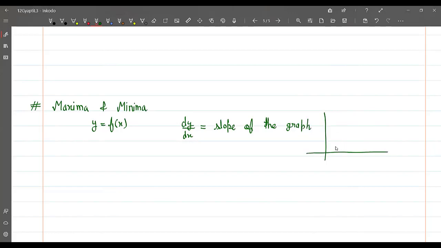If you have a function like this, and at any point you draw a tangent, and this angle is theta, then at this point, let us call it point A, dy by dx at A will give you the value of tan theta. And this is called the slope of the graph. The value of the tangent at any point of the graph y is equal to f(x) gives you the slope of the graph.